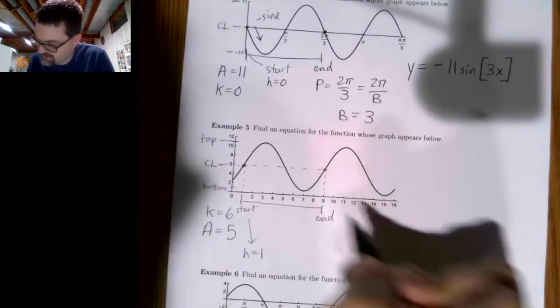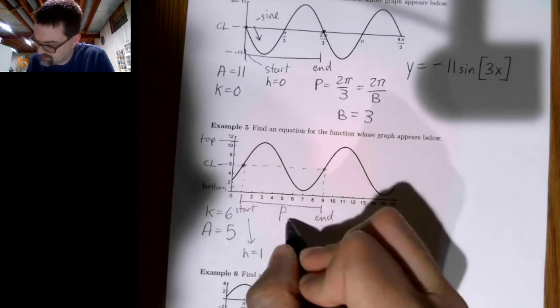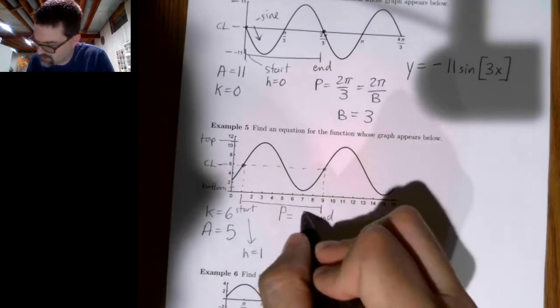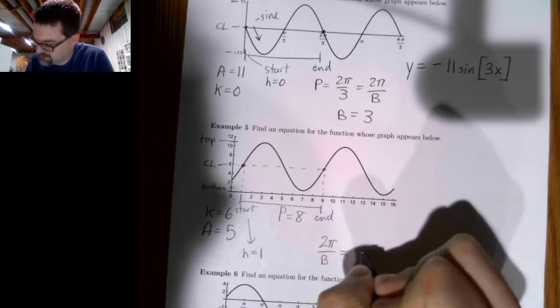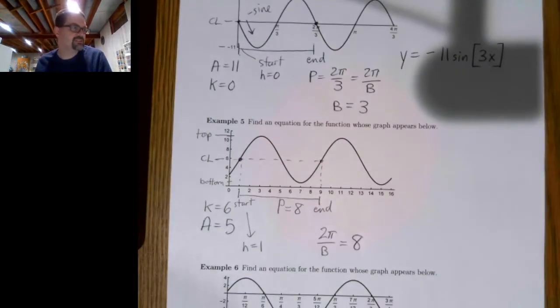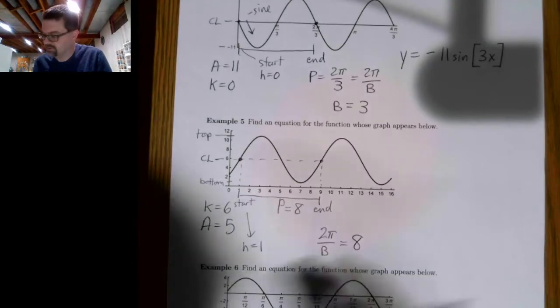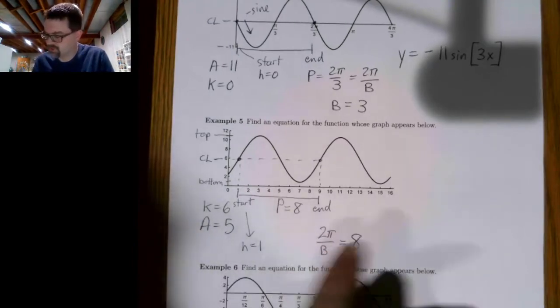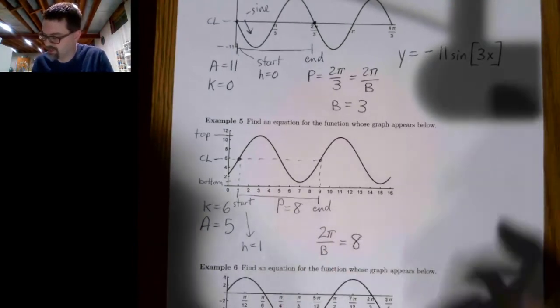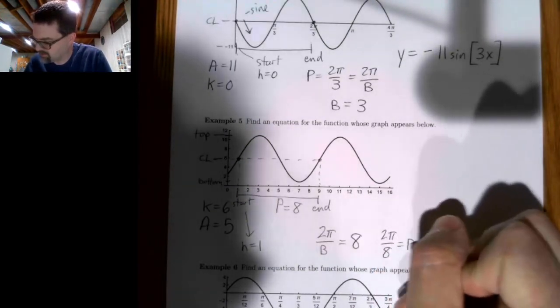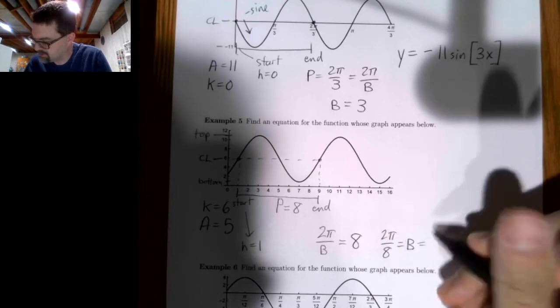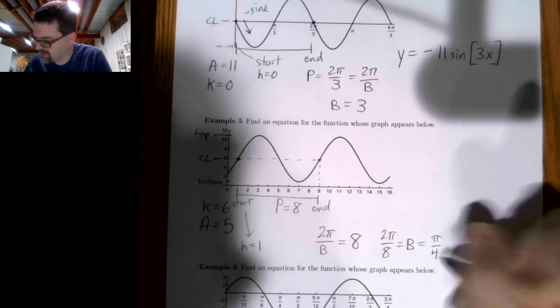So that distance, that's p, and it looks like 1 to 9, that's 8. So 2 pi over b needs to be equal to 8. So again, if we play switcheroo, multiply by b, divide by 8 on both sides, 2 pi over 8 equals b, so in other words, just cancel a tiny bit, b is pi over 4.